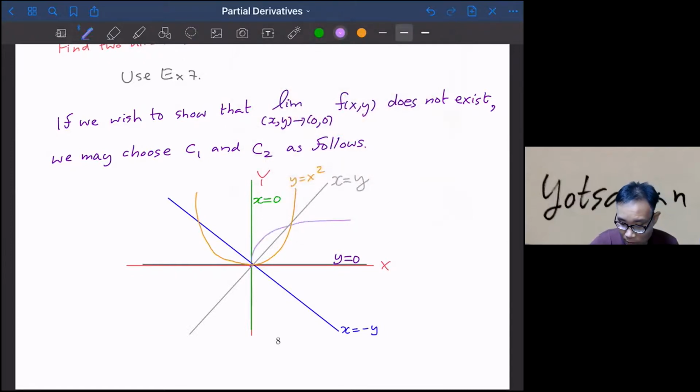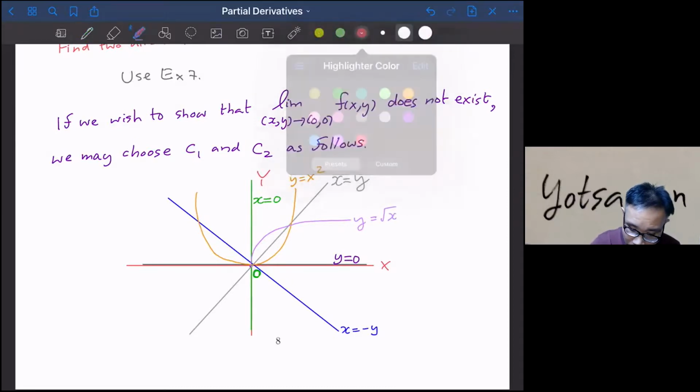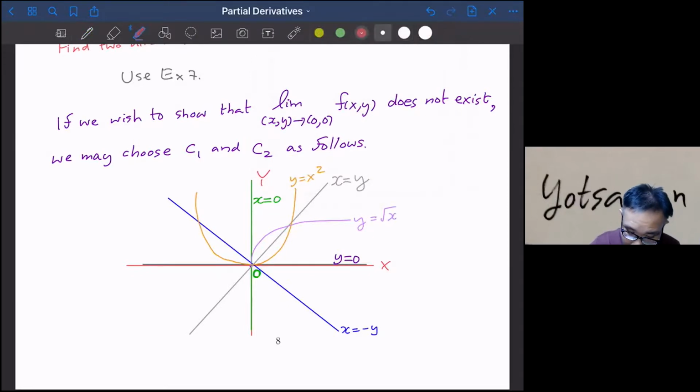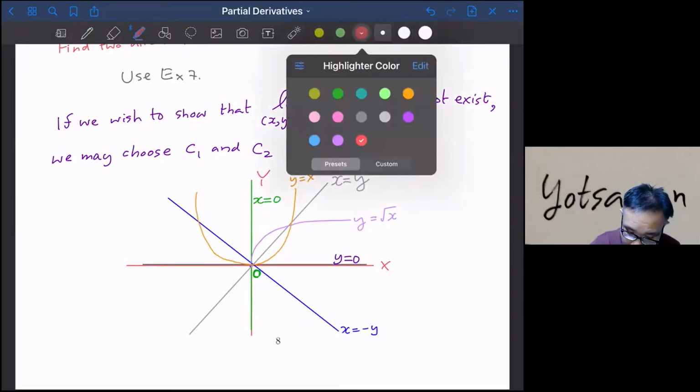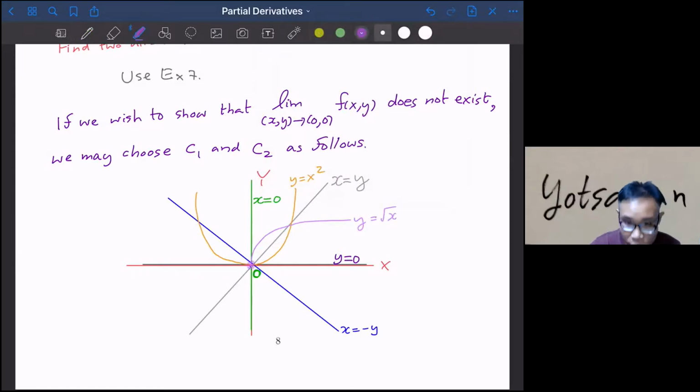These are graphs that pass through the origin. What these graphs have in common is that they pass through the origin in the middle here. So you can just pick C1, C2, C3, or maybe you can use other curves.